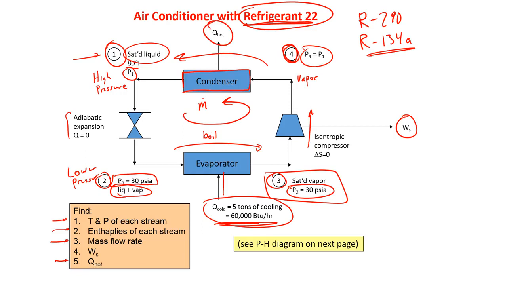Now we're given that we need to have 5 tons of cooling, which equals 60,000 BTUs per hour. Now a ton of cooling goes back historically.